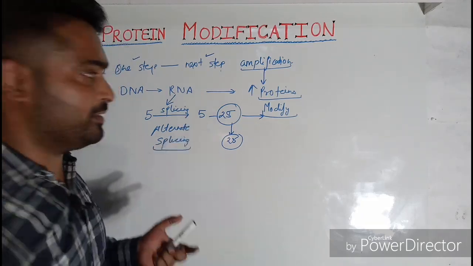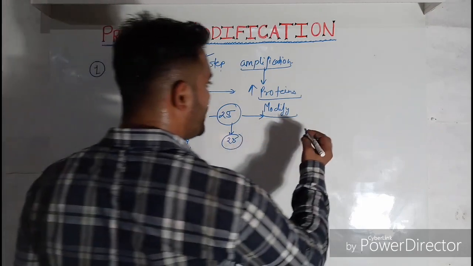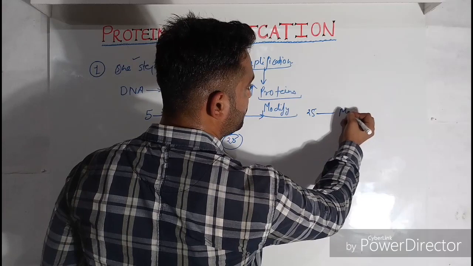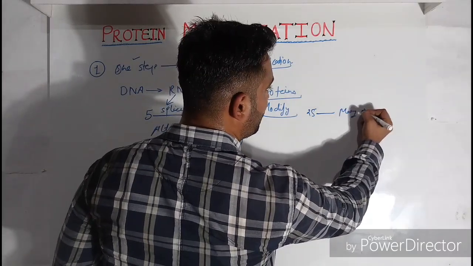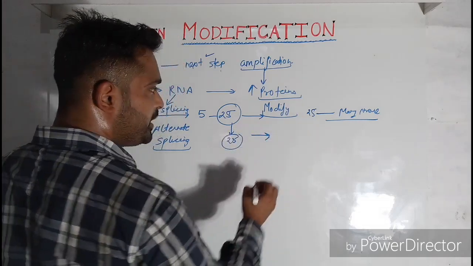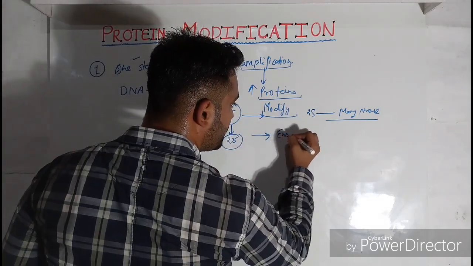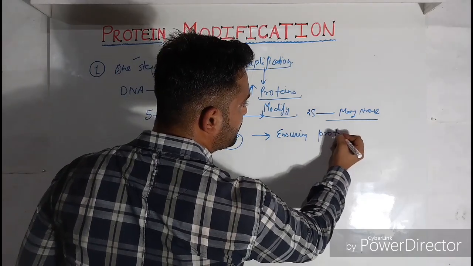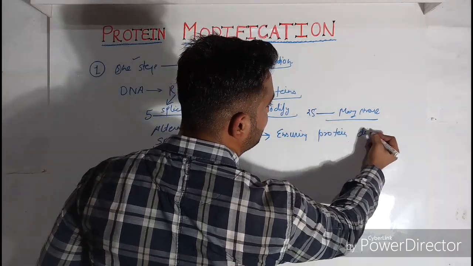I just explained that. By doing this we are increasing the number from 25 to many more. So in this way, indirectly, we are ensuring protein diversity.